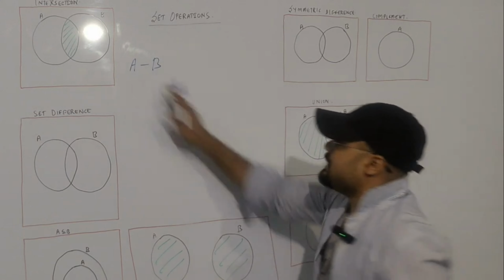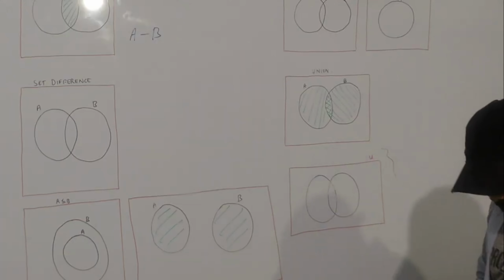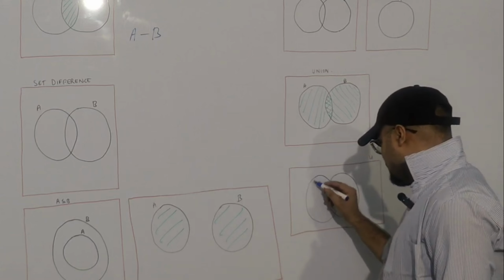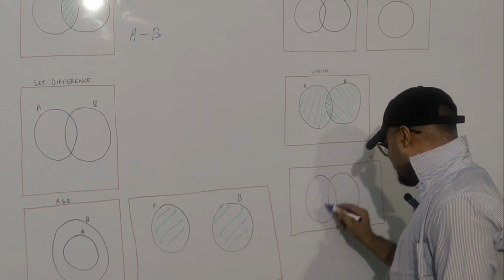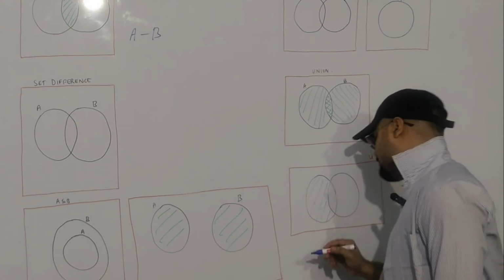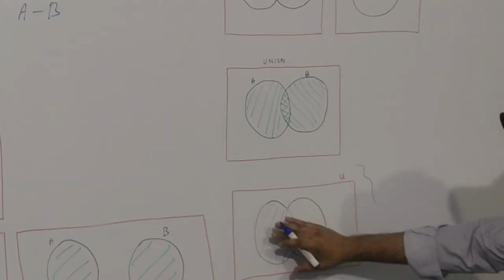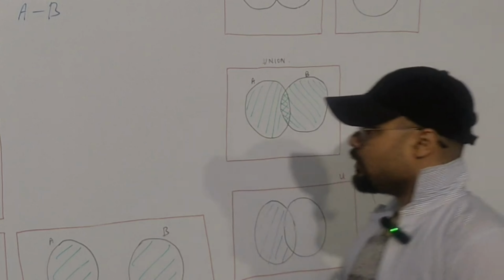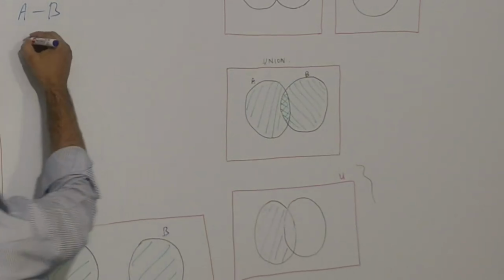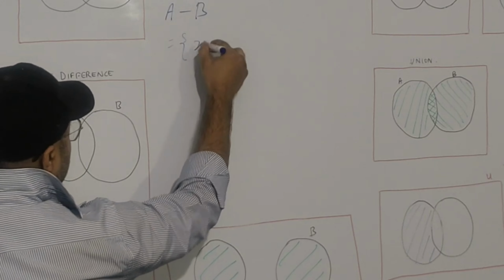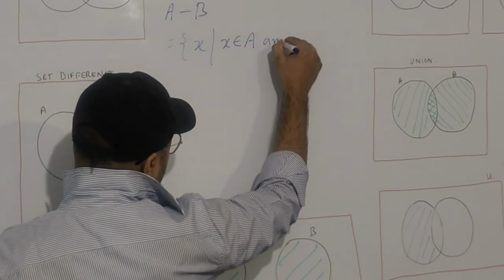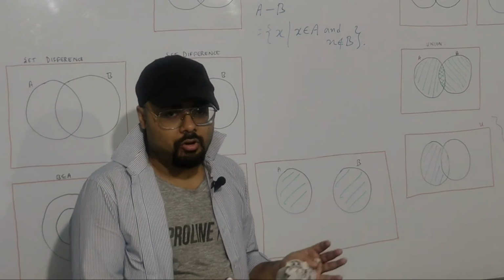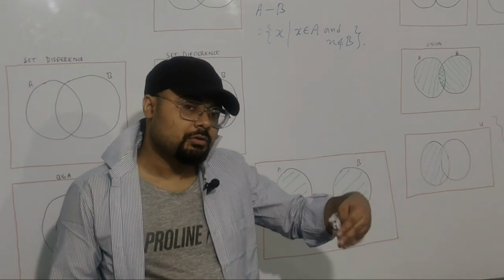Now A minus B will give those elements of A, this region. Those elements of A apart from those elements which are common with B. So A minus something means you are not going to return all the elements of A. Some elements of A you are going to remove.